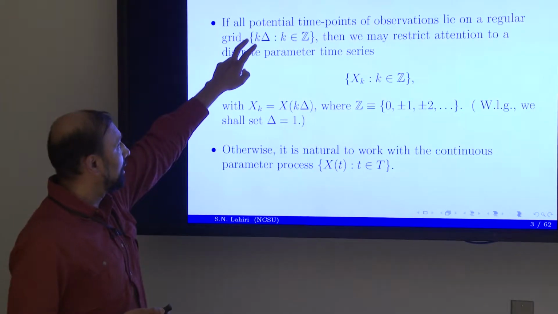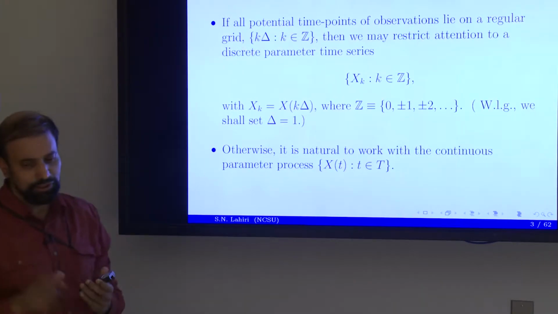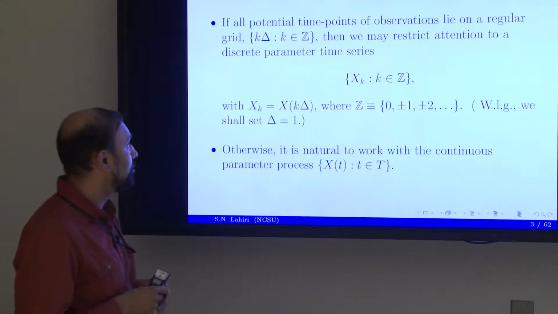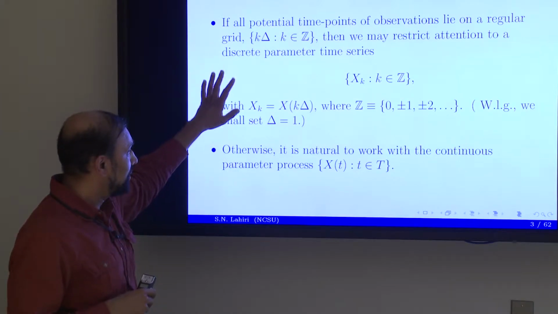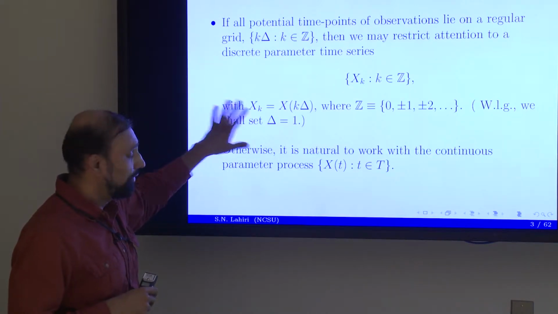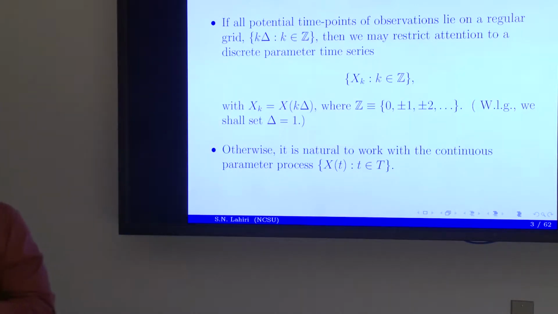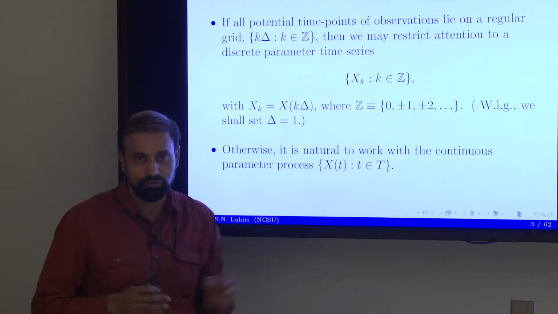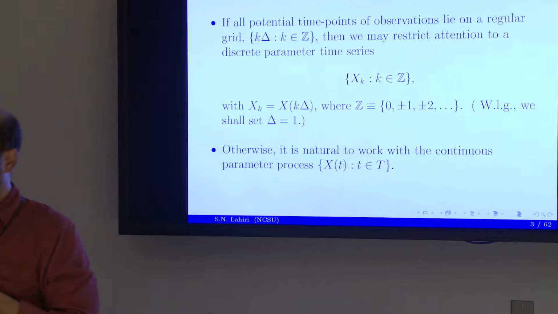If you can embed the potential observation points into a lattice like this, with a common distance delta, and multiples of that essentially cover t1 through tn, then it's sensible to model your underlying process as a discrete parameter process. When that is not the case, you should be working with x of t, where t runs over an interval, for example.